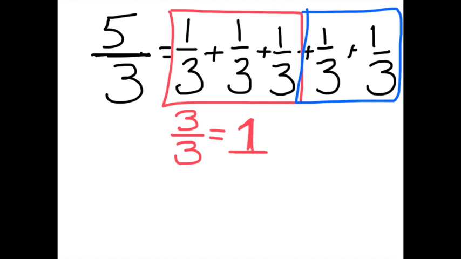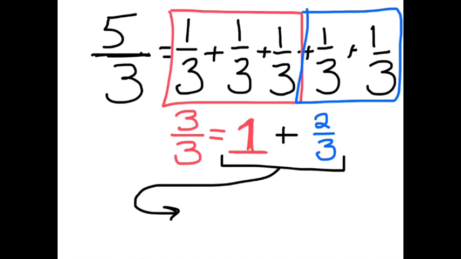So we go ahead and say, well, that's the same thing as 2/3. So really what we're doing is we're adding 1 plus 2/3, and that gives us the mixed number of 1 and 2/3.